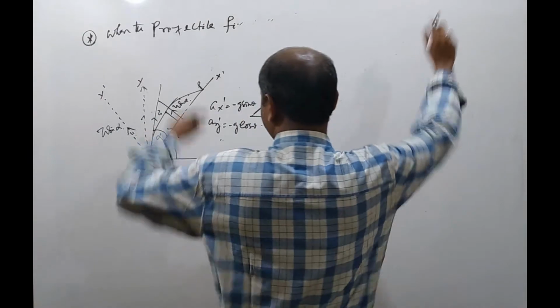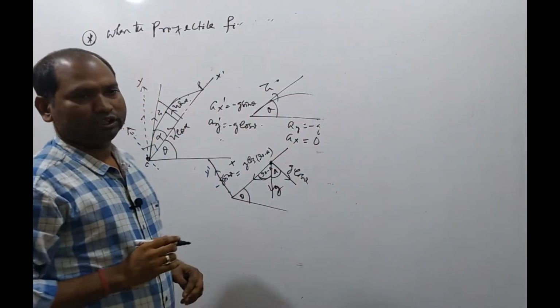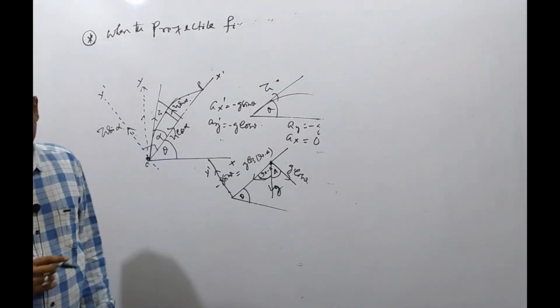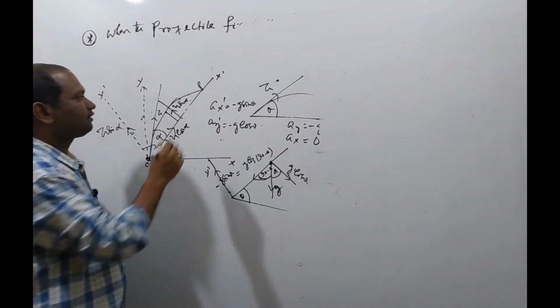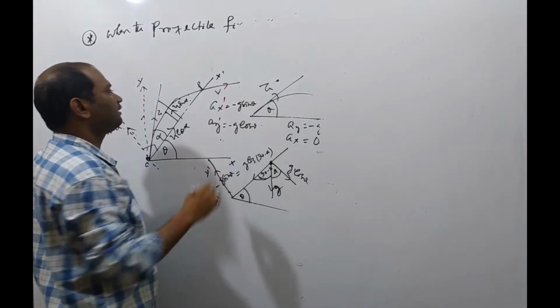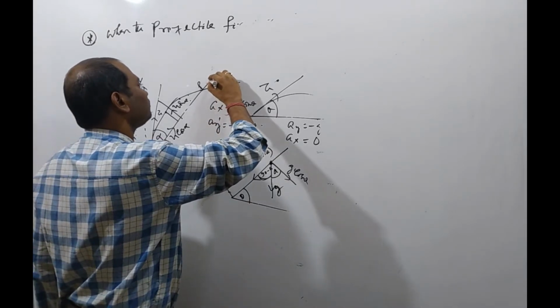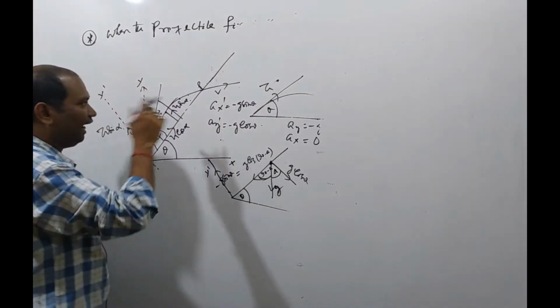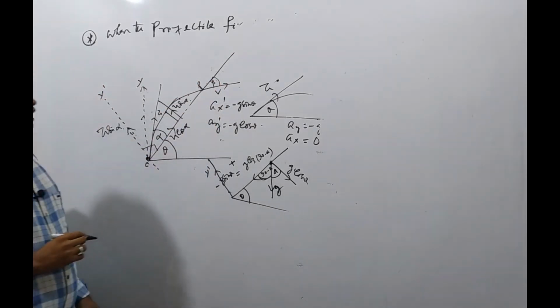Okay, here you see. So let V be the striking velocity at the point P on the inclined plane, and its direction will be like this. This is V. And it makes an angle beta with the inclined plane.